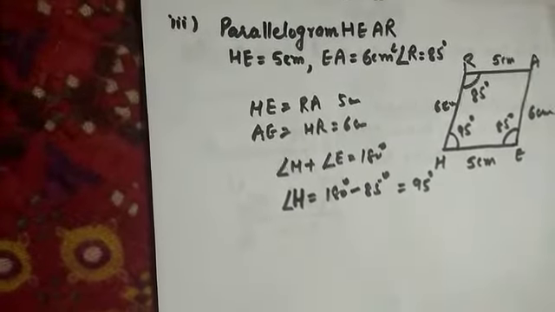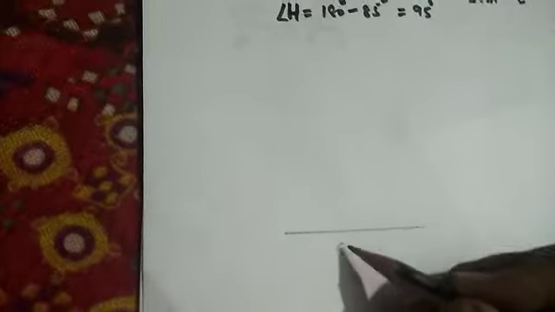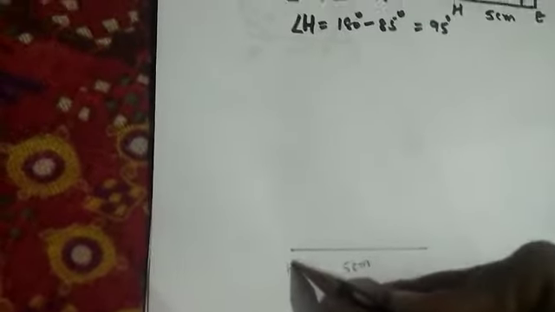So first of all, what we'll do, we'll draw HE 5 centimeter. This is 5 centimeter. Angle H 95 and angle E 85.